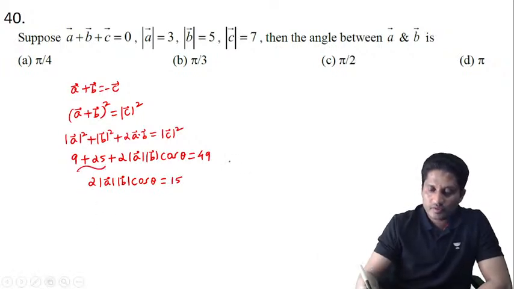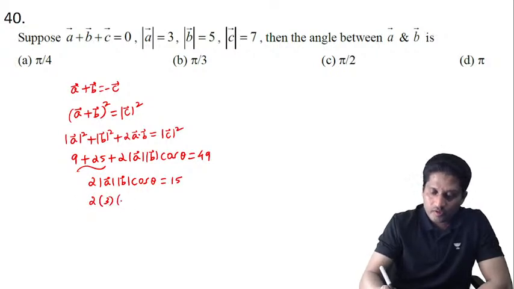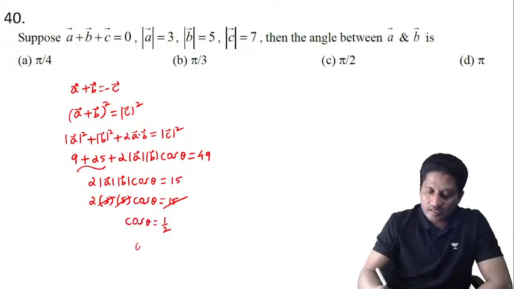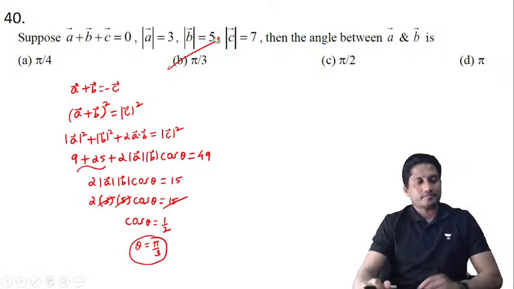So 2 times modulus of A is 3, modulus of B is 5, and cos theta is equal to 15. This 15 will cancel with 15. I get cos theta is equal to 1 upon 2. Isn't it, guys? Cos theta is half, means theta should be equal to pi by 3, which is 60 degrees. Answer is option B.